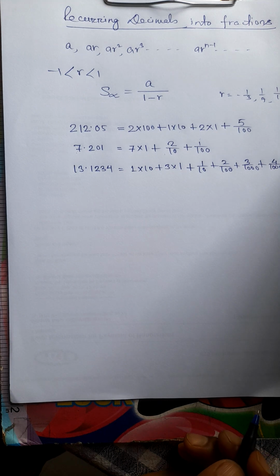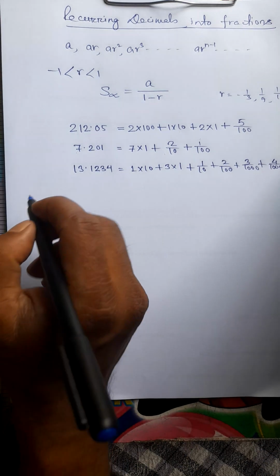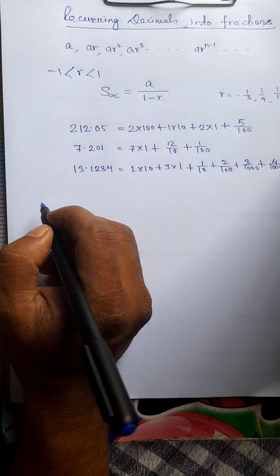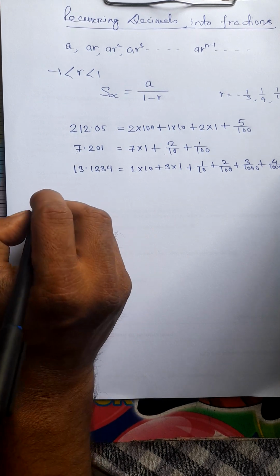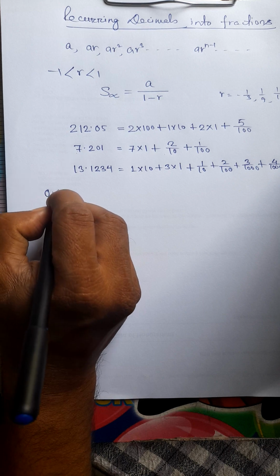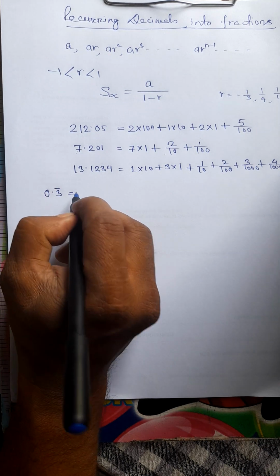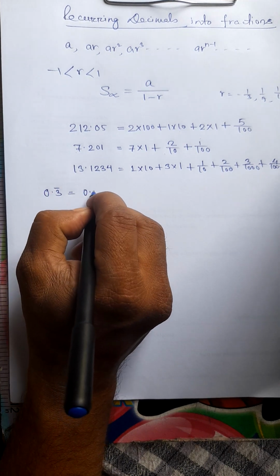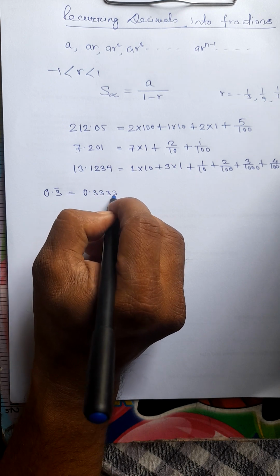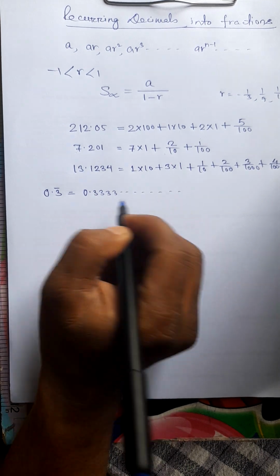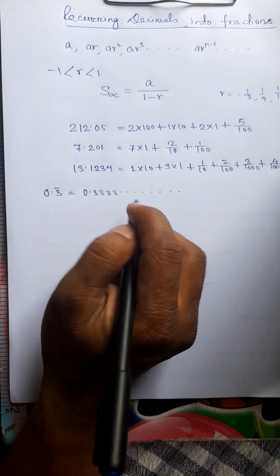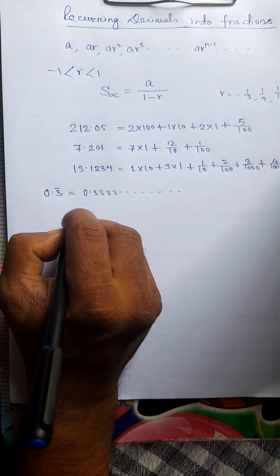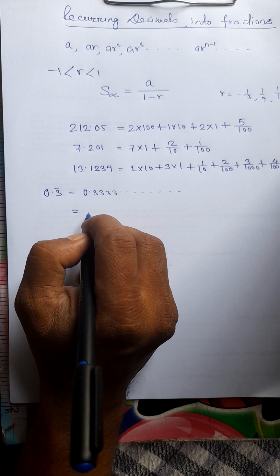Now let us recall the recurring decimal fractions. Say for example 0.3 recurring. What does it mean? This means 0.333, and this means there will be infinite numbers of 3's after decimal. So how will you write it in expanded form?